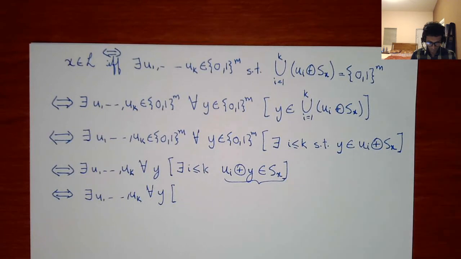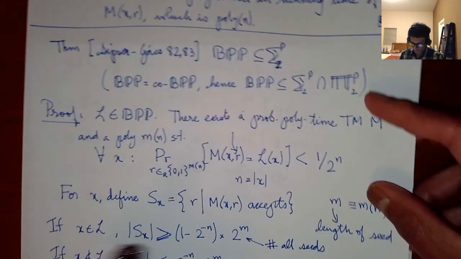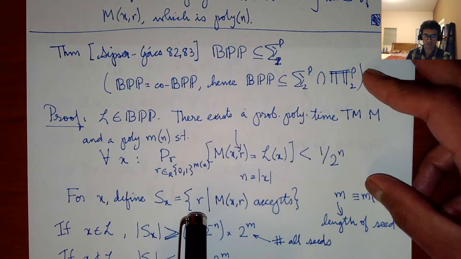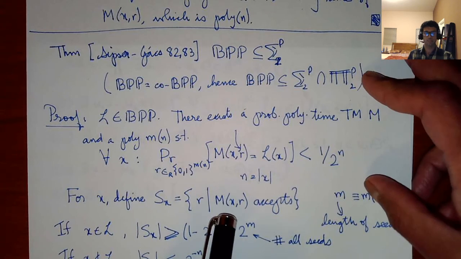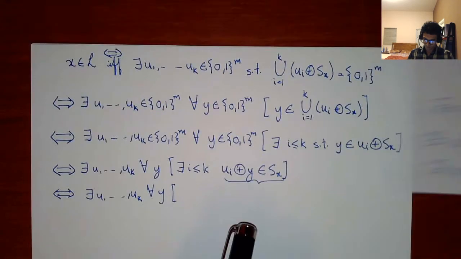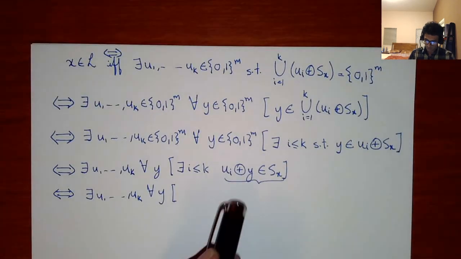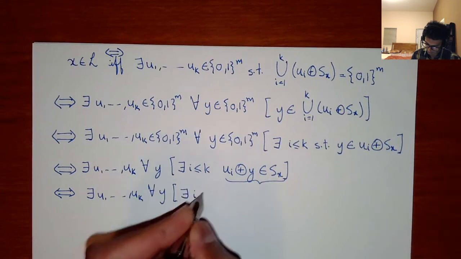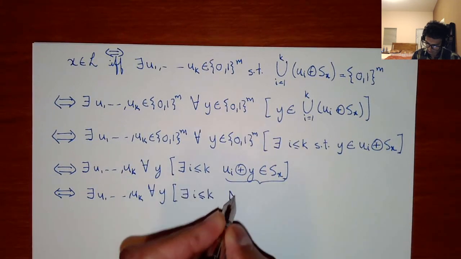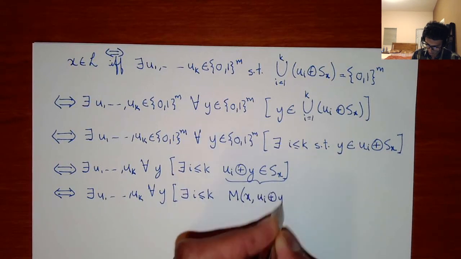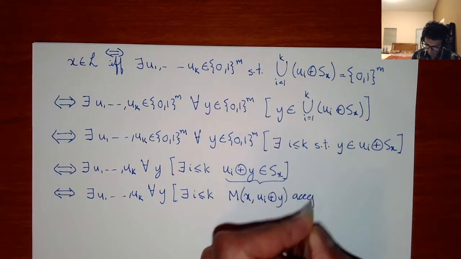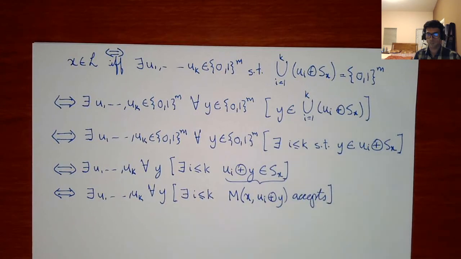Recall the definition of SX: it is all seeds that make MX,R accept, all R such that MX,R accepts. What this would mean is that there exists an I going from 1 to K such that MX on UI XOR Y accepts.